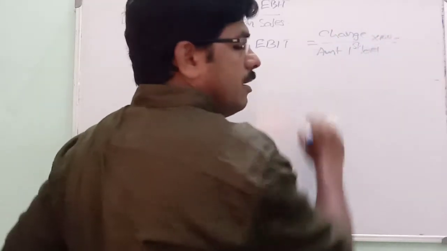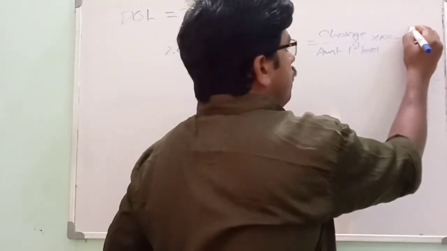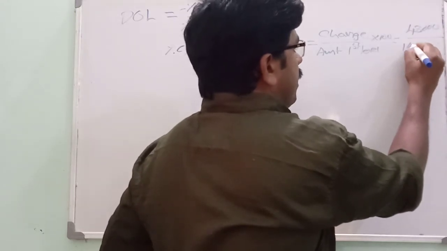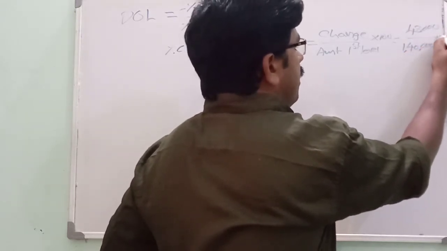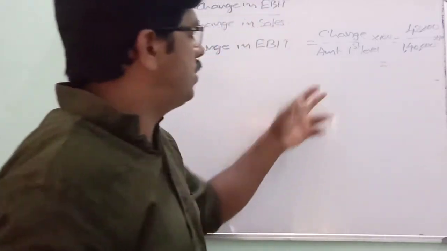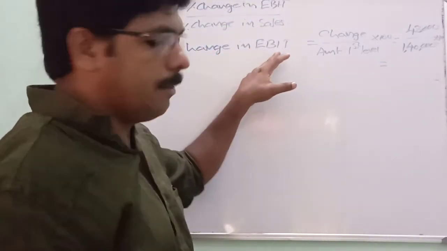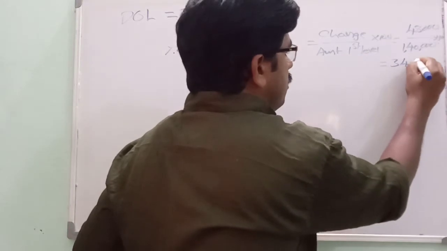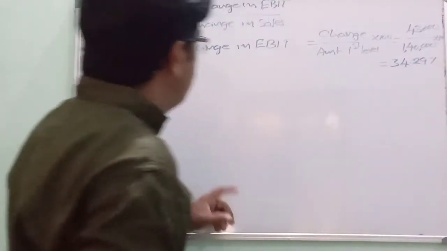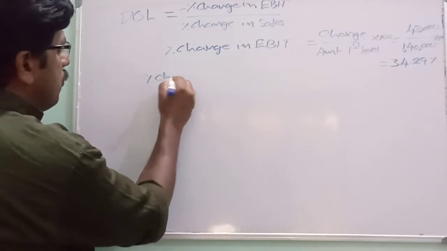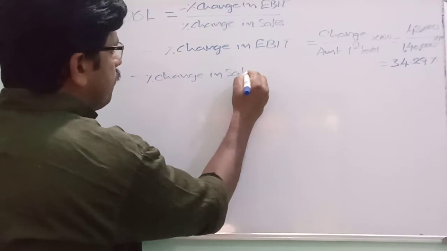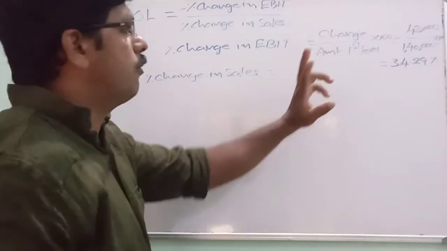The change from 1,40,000 to 1,88,000 is 48,000. 48,000 divided by 1,40,000 into 100 is equal to 34.29%. Then percentage change in sales is the same equation: change divided by amount at the first level.